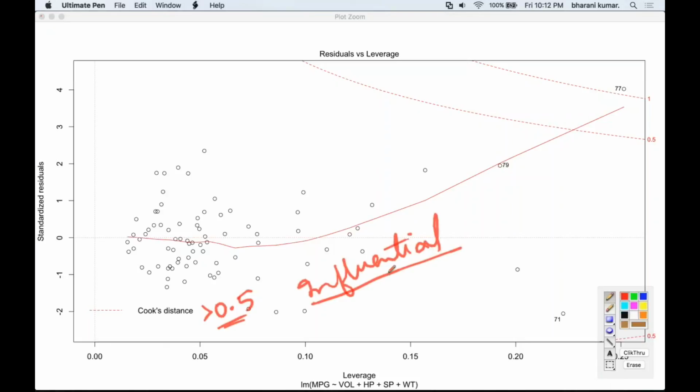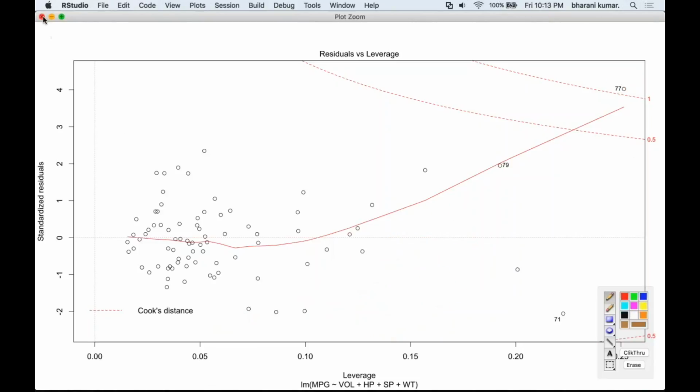Assignment for you all: what is the difference between an influential observation and an outlier? So if you see here, there is one value which is falling beyond 1. So anything greater than 0.5 is an influential observation. So 77 is an influential observation.